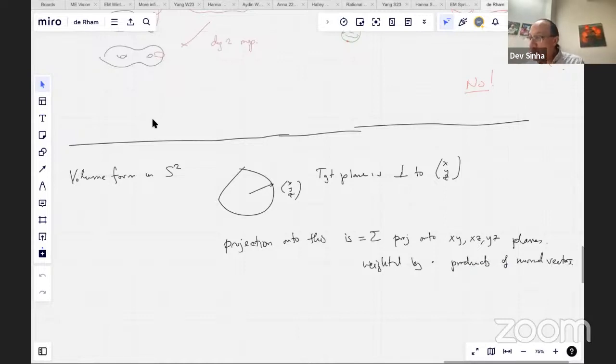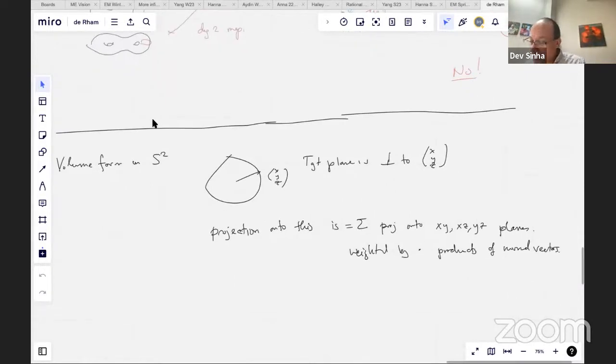And so you get x, y, z dotted with 0, 0, 1 dx dy for that projection. And then x, y, z dotted with 0, 1, 0 dz dx.